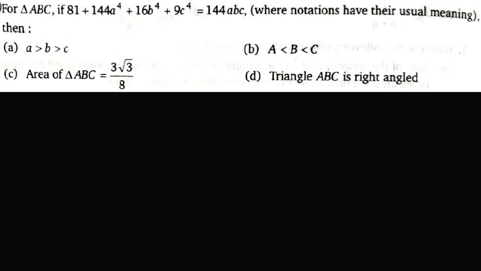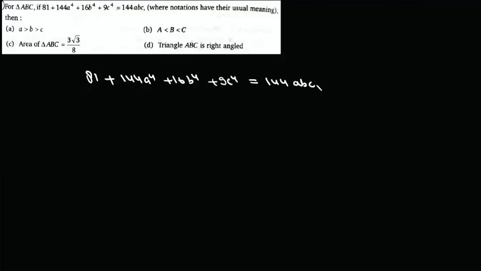Now in this question, we are given that for triangle ABC, 81 plus 144 a to the power 4 plus 16 b to the power 4 plus 9 c to the power 4 is equal to 144 ABC. Then which of the following is correct?